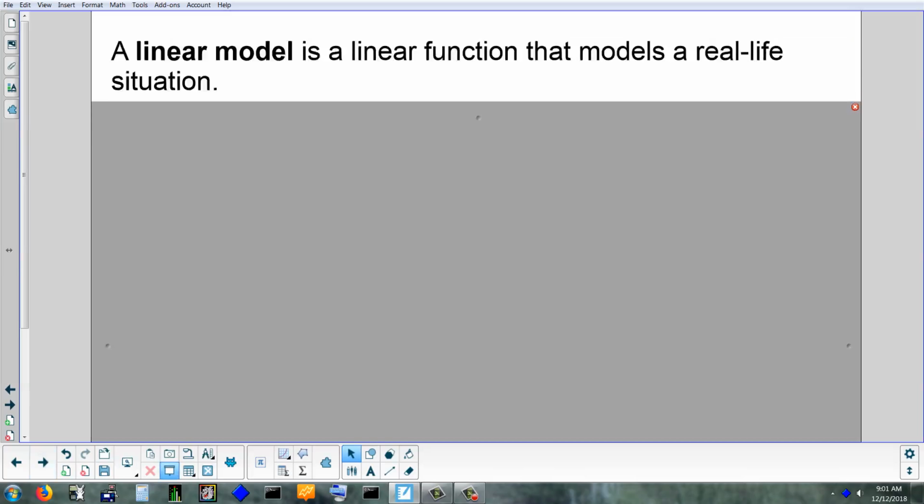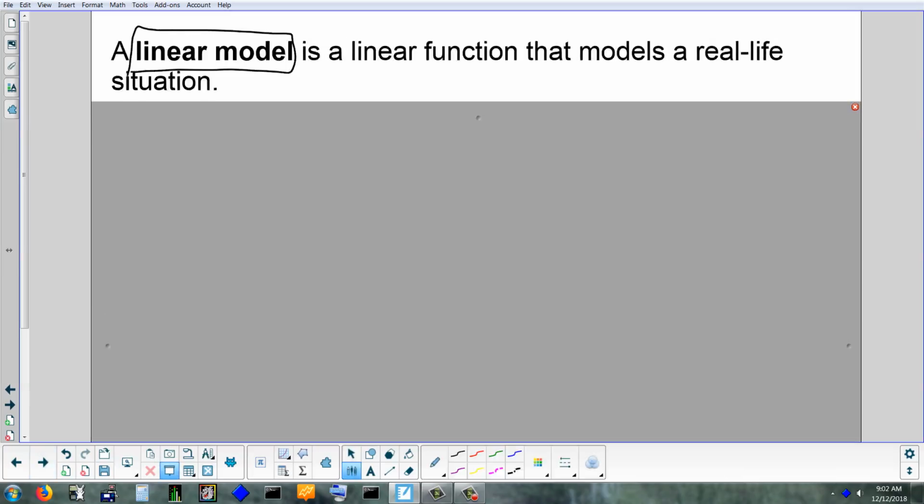All right. So the last problem is going to involve a word problem. But usually when you have a word problem, in order to figure it out, you've got to come up with an equation first. And that's the kind of equation we're going to come up with, called a linear model. So what that means is we're going to come up with an equation that models or represents some kind of situation.